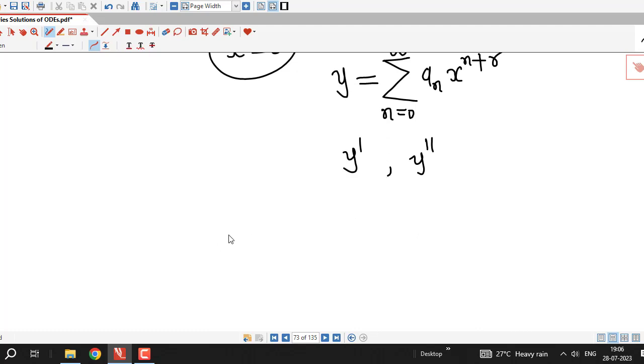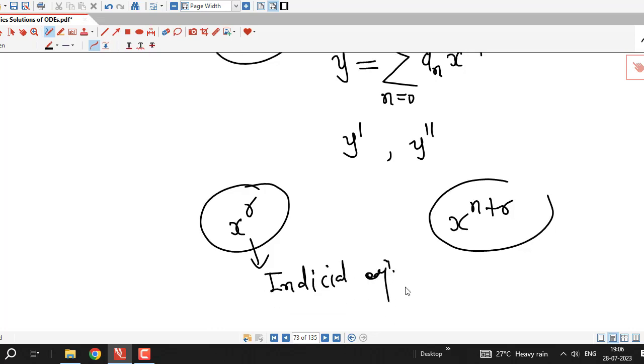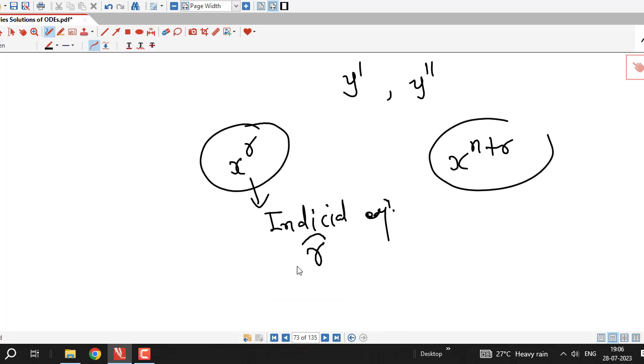Then you find out coefficients of like powers of x. Here we have compared coefficients of x^r and x^(n+r), and by comparing the coefficients of x^r, we obtain the indicial equation, that is a quadratic equation in variable r, and it has two roots, say r1 and r2.